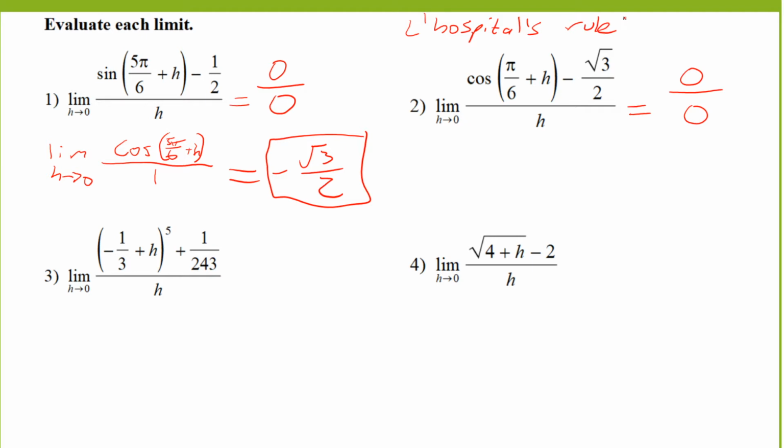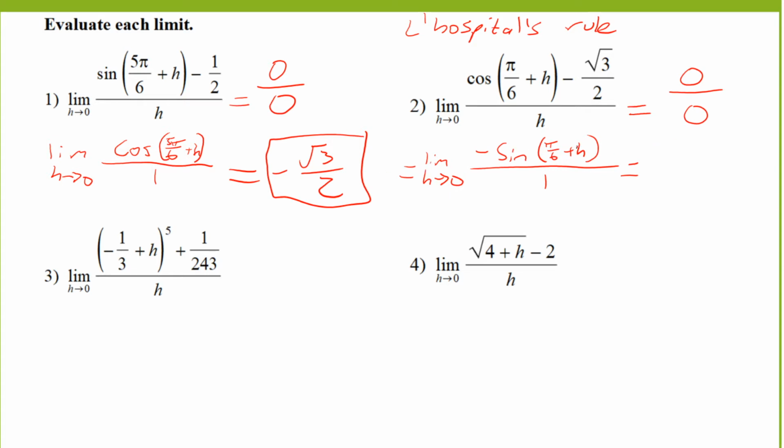So what happens if I derive the numerator? Negative sine of pi over 6 plus h, over 1. So we're deriving the numerator and denominator separately. We're not using quotient rule. We're using L'Hospital's rule.